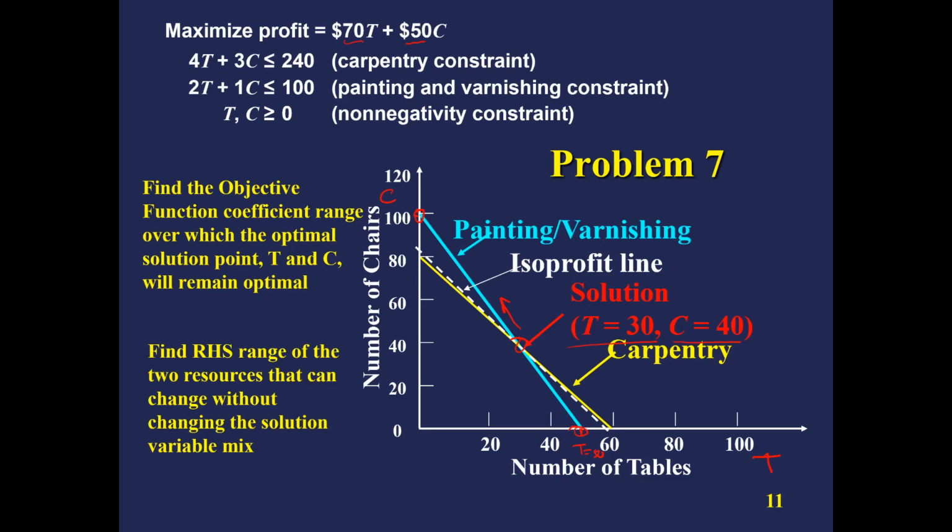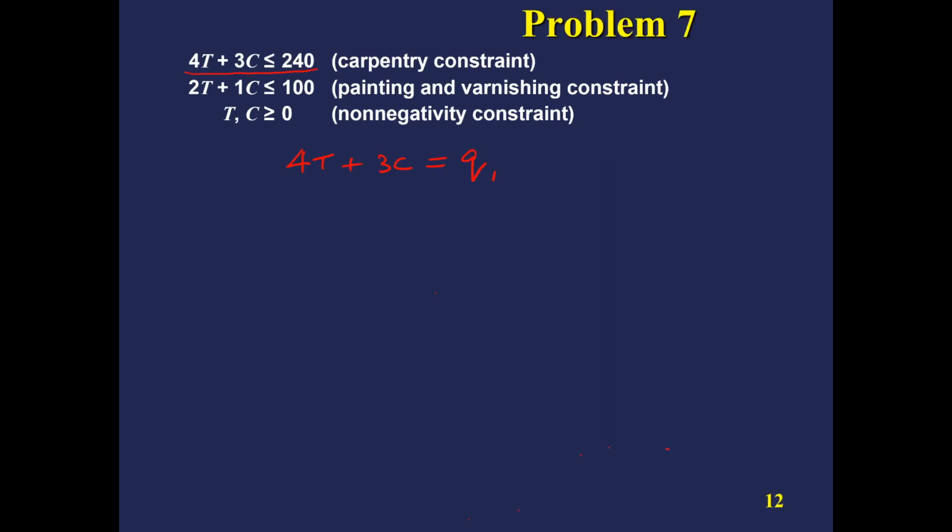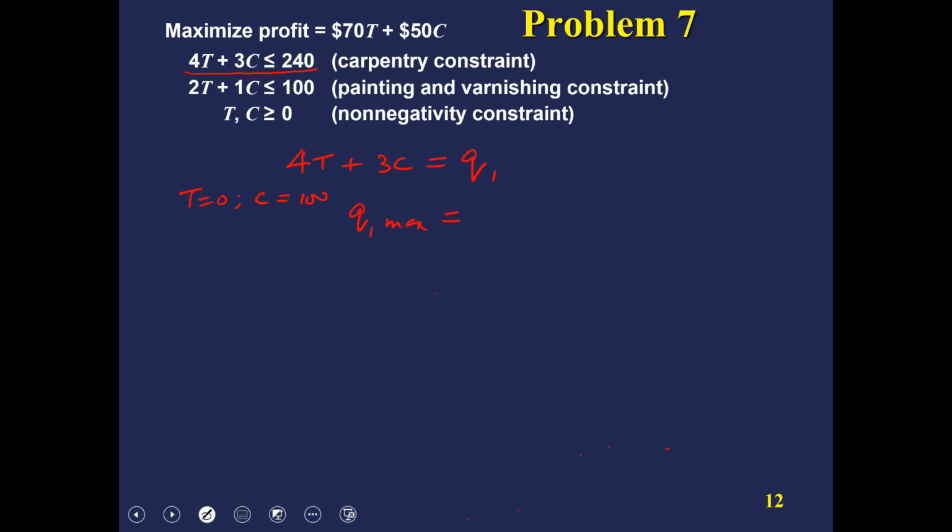If we put these values in the constraint, we get Q1 maximum 300.